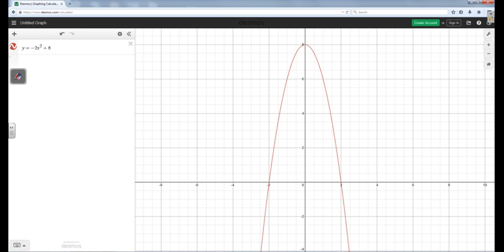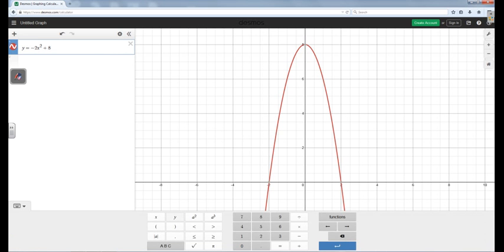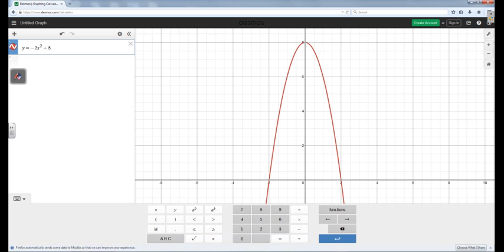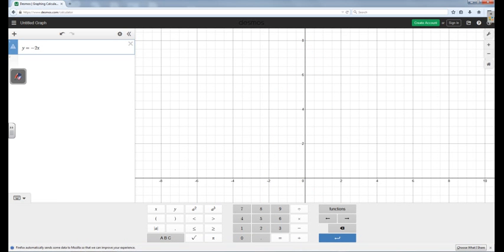On your Desmos, if you download the app and need the square button, you see this right here, the A squared, you can press that for the square. So if you're entering on your phone, you can do y equals negative 2, then press x, and then press that square button right here, not 22. And then plus 8.